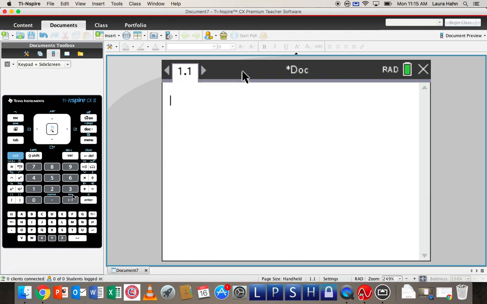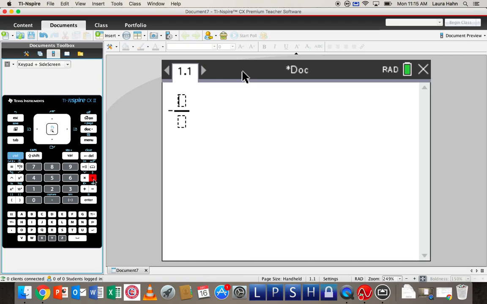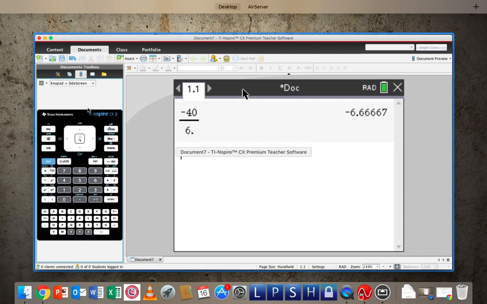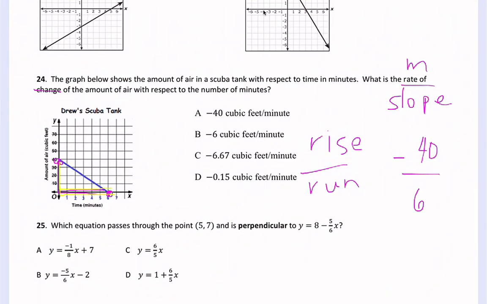So it's a fraction. So negative, control divide, 40 over 6. I'm going to go ahead and put a decimal after that 6 so my answer comes out in decimal form. So negative 6.6 repeating. Matches answer C.